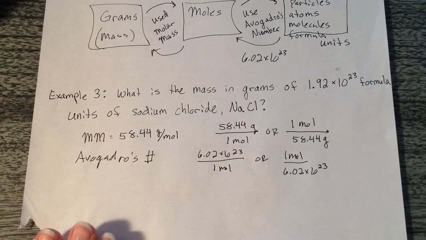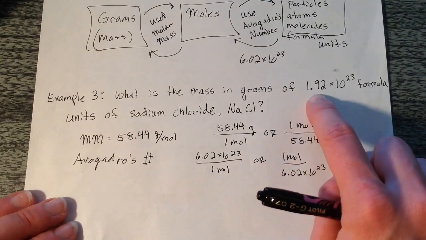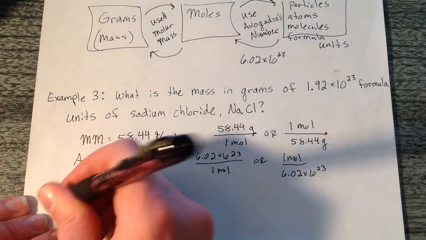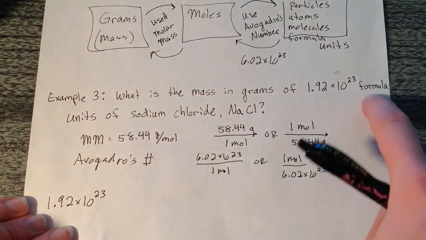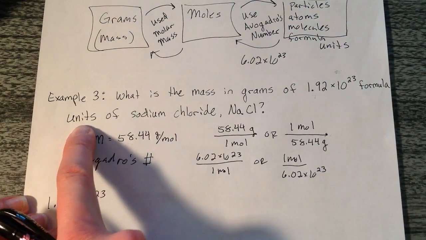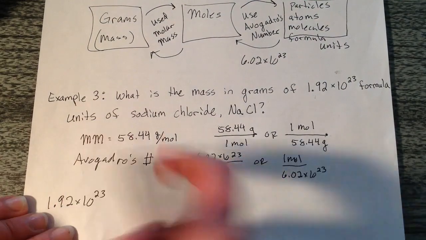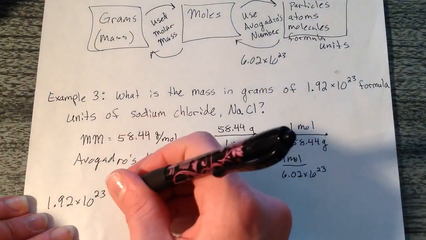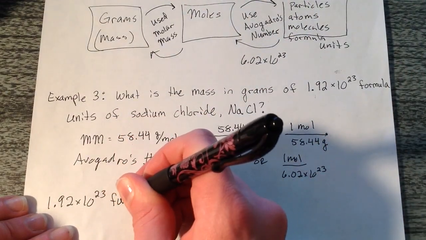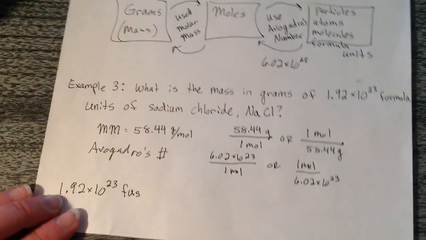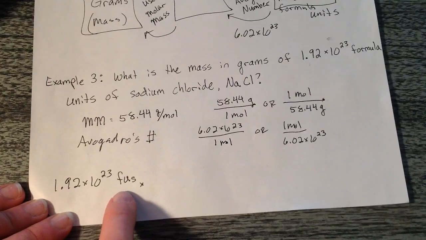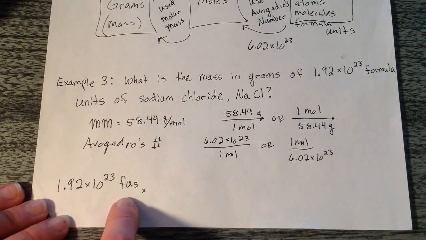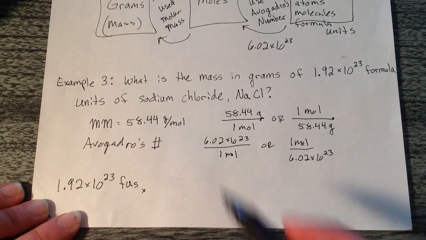My second step is to start with my fact. So my fact would be the 1.92 times 10 to the 23rd formula units. For the sake of an abbreviation, and I apologize in advance, I'm going to abbreviate this as FU, and I will put an S on that just for plural. So this stands for formula units, and I want to cancel my units.